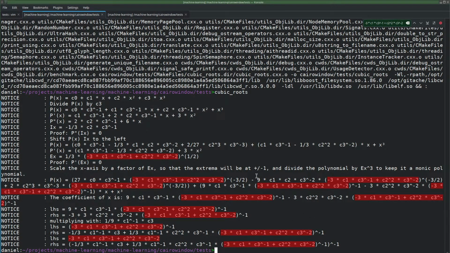Let's see. What I can do though is fill in, I think, a value for C1, C2, and C3.